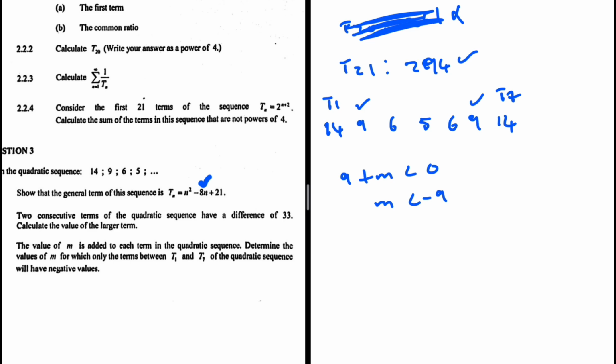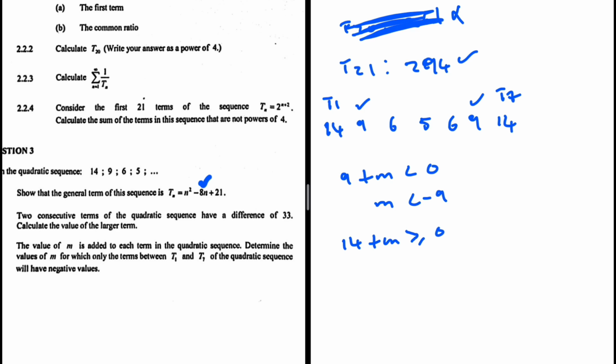Okay, and then we have T6 and T7. If M is less than minus 9, so let's say a number less than minus 9 is minus 10, T6 would be negative. So we don't have a problem there. But we need only T2 to T6 to be negative. If T7 is negative, we're going to have issues because now we're no longer satisfying our condition. So we also need 14 plus M to be greater or equal to 0.